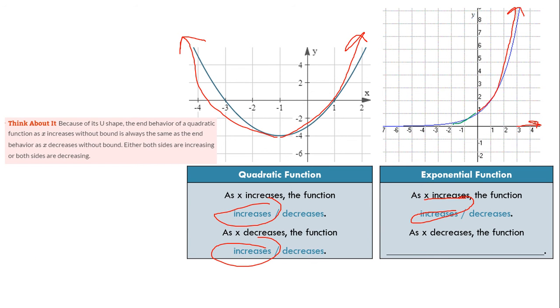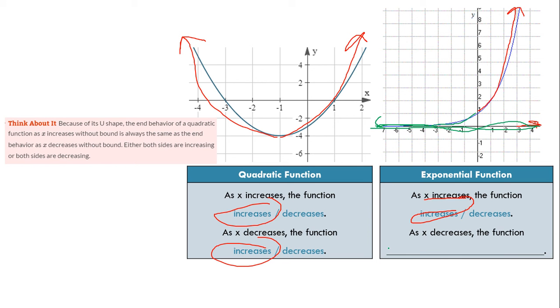as my x's are getting smaller and smaller and smaller, I see that that line is approaching the x-axis but never crossing it because that's where my asymptote is, on this line right here, that x-axis.